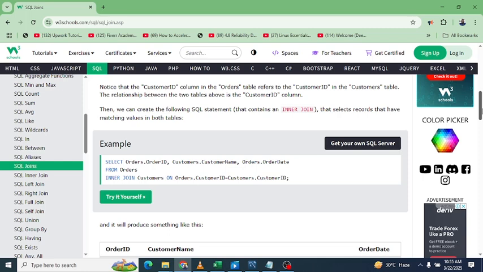But now, because we are joining two or more tables together, we have to specify which table the ID belongs to. So there's a table called orders in this case. If you say orders dot order ID, it means the order ID is inside the table called orders. The same with customer name, which is inside a table called customers, because you are joining.